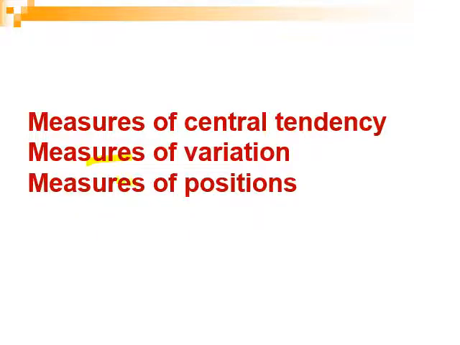Finally, in the last part of this chapter, we will use measures of position. Measures of position tell us how specific data values fall within the data set, or their relative position in comparison with other data. The most common measures of position that we will take are percentiles, deciles, and quartiles.